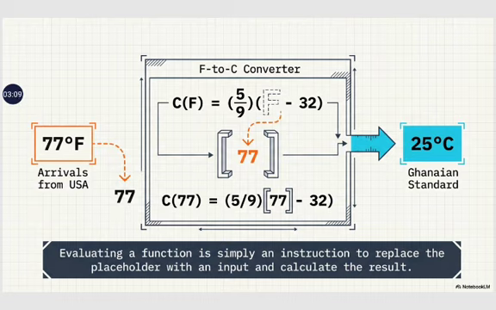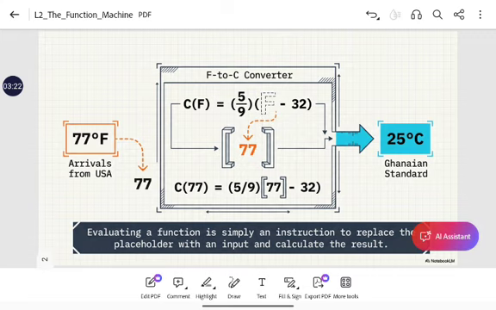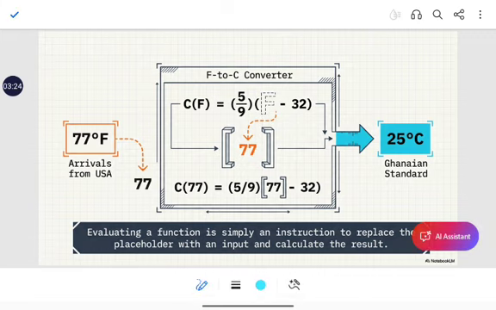So we want to build a machine that if somebody from US is talking about 77 degrees Fahrenheit, you and I in Ghana here will know what the value is in degrees Celsius.